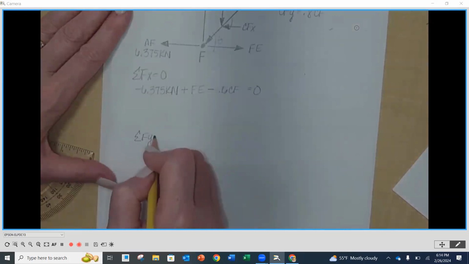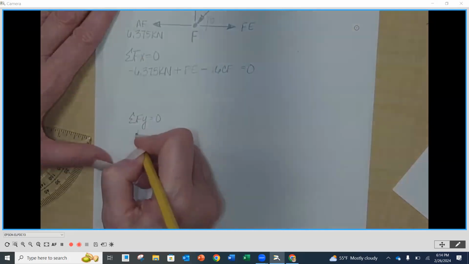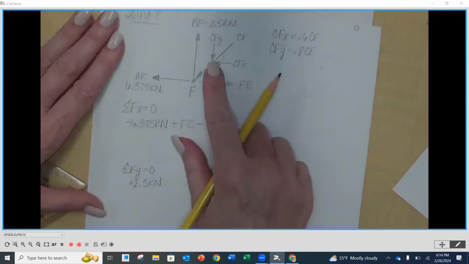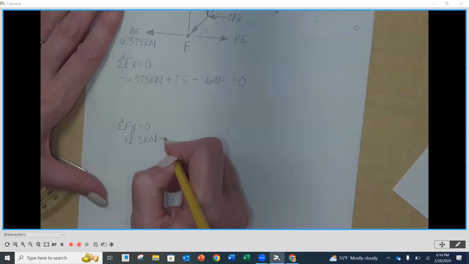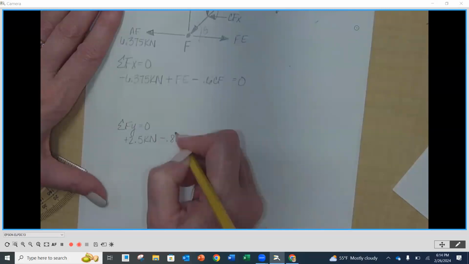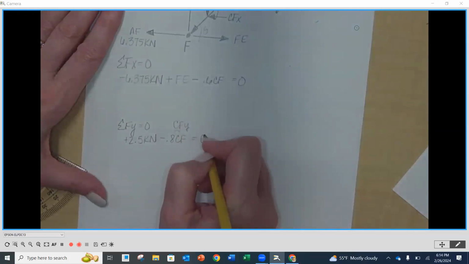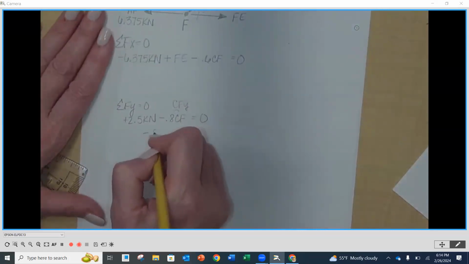Sum my forces in the Y equals 0. I've got a positive 2.5 kilonewtons, and I've got a minus CFY or 0.8 times CF. Equal to 0. So now we're going to move the 2.5 on the other side.